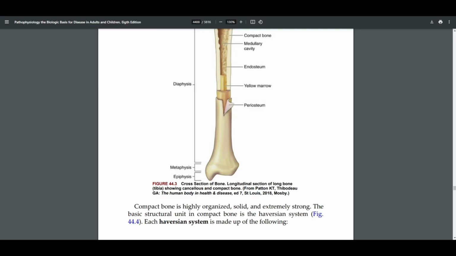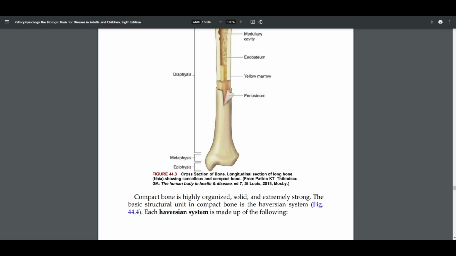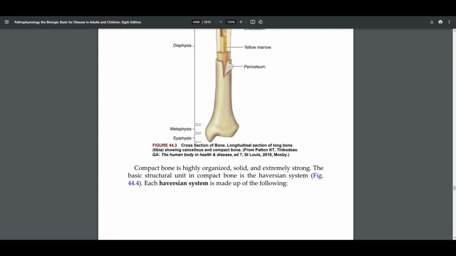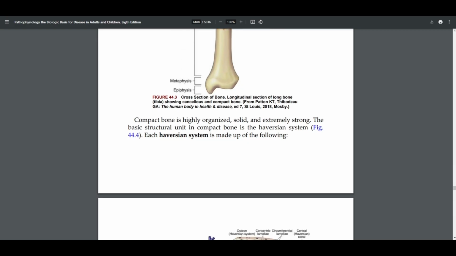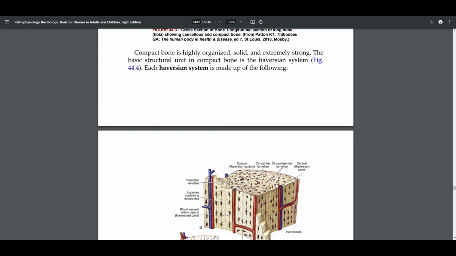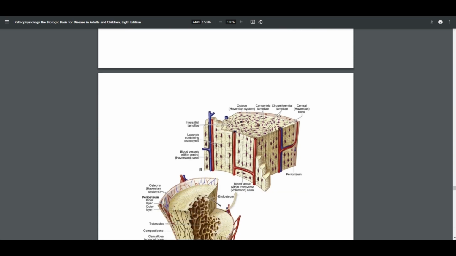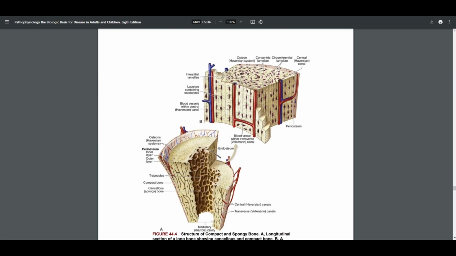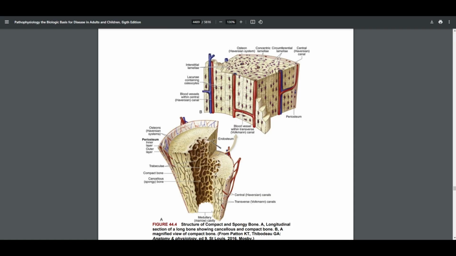The basic structural unit of compact bone is the Haversian system. Each Haversian system is made up of the following. And here you have the inside of a bone. Again, pause if you need a refresher of your anatomy. Nothing wrong with it. That's why the pause button exists.